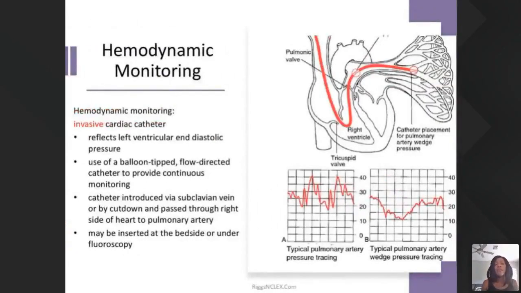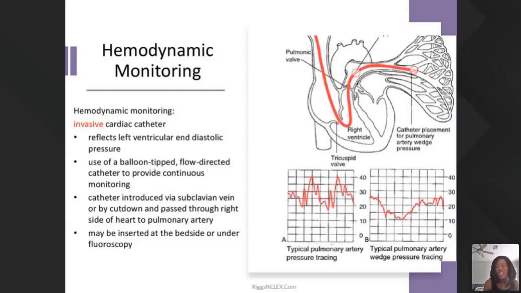All right, hemodynamic monitoring, okay? So hemodynamic monitoring is very invasive. Hemo, you know, we're touching blood. So it's an invasive cardiac catheter. So we go in a large blood vessel, and then we thread that catheter. The goal is to monitor the pressure in your heart.